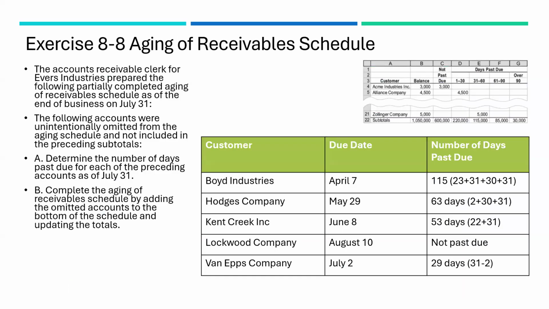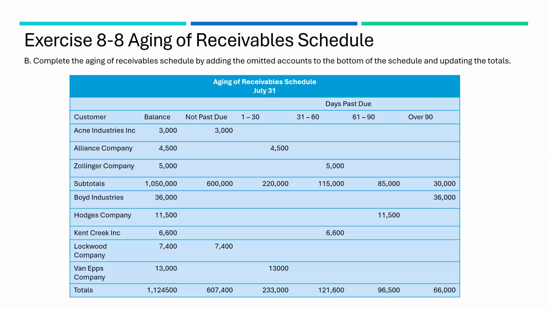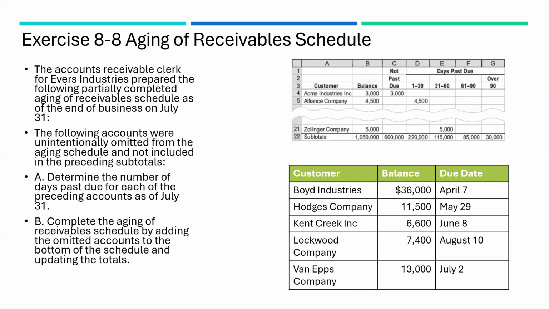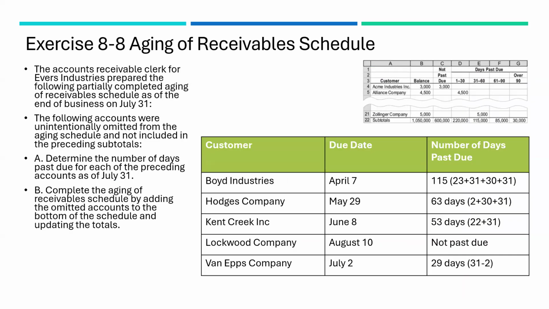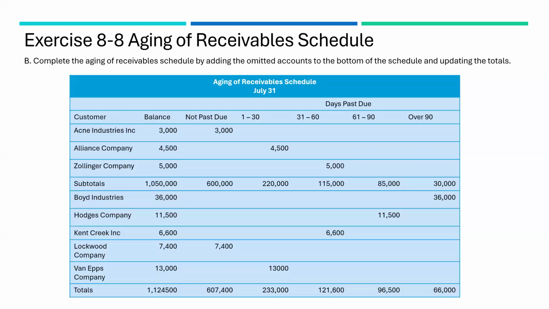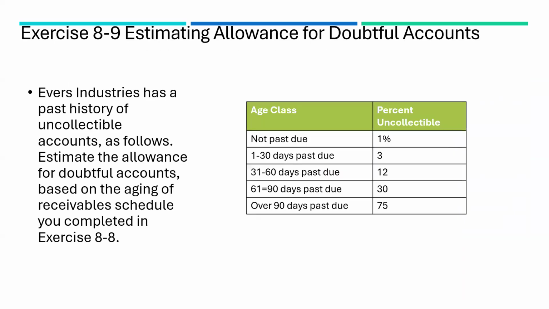And the not past due Lockwood Company balance for $7,400, that would go in the not past due category. Then we take our valuation for each of these and our estimated amount that's uncollectible.